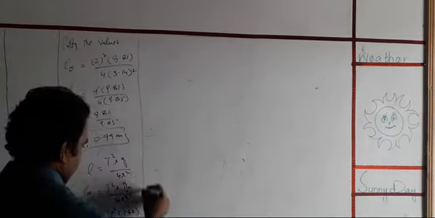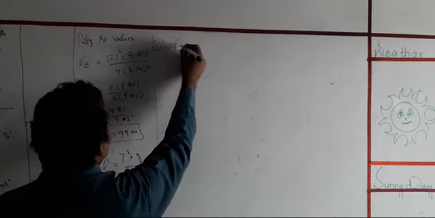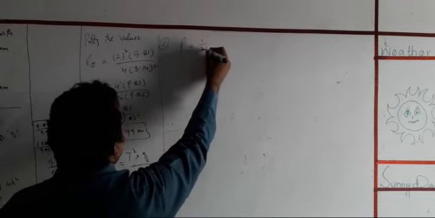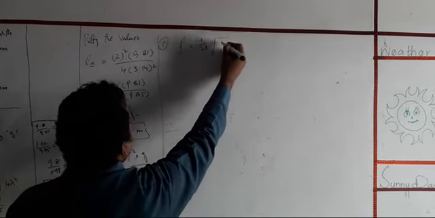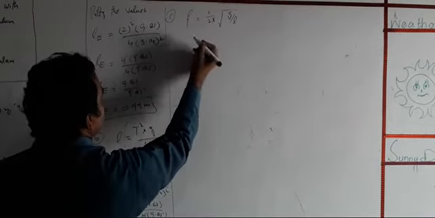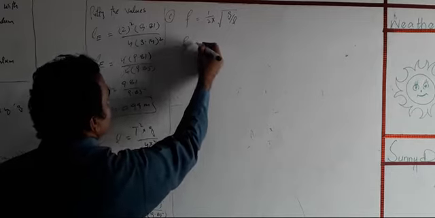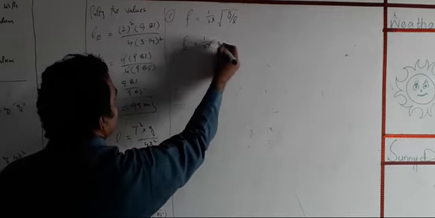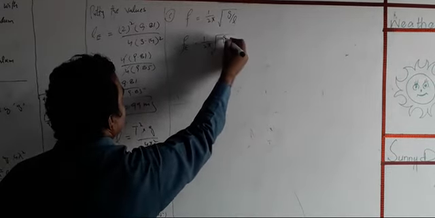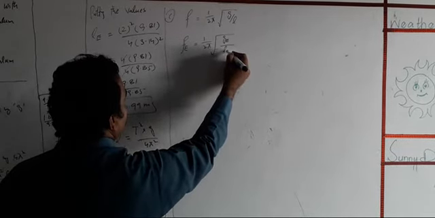Now solving part C, I will use the formula of frequency for a simple pendulum, which is written as frequency equal to 1 over 2 pi square root of G divided by L. For frequency on earth, I will write frequency on earth equal to 1 over 2 pi square root of G on earth divided by length on earth.